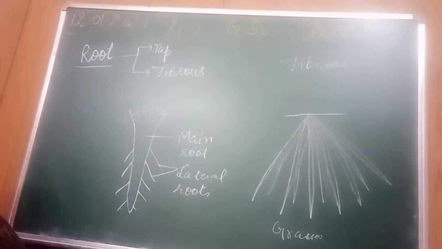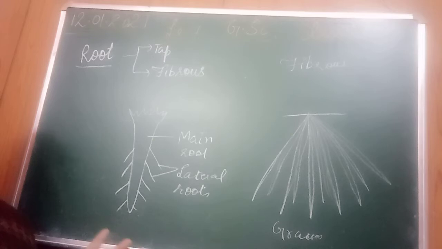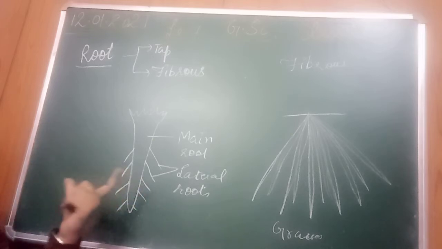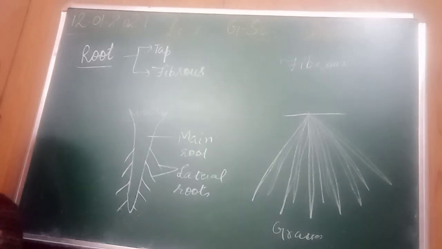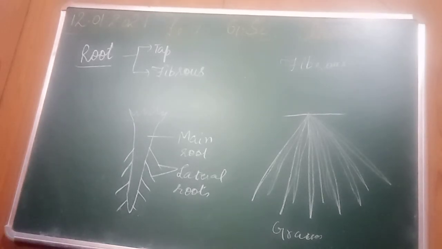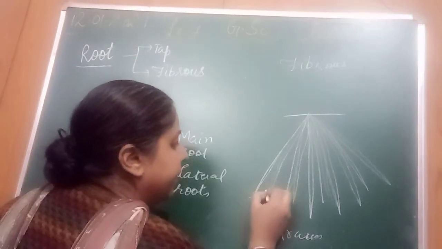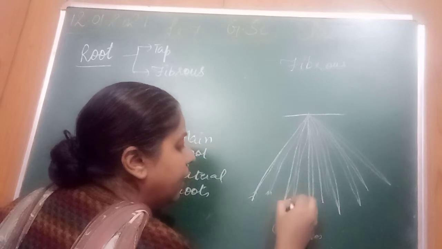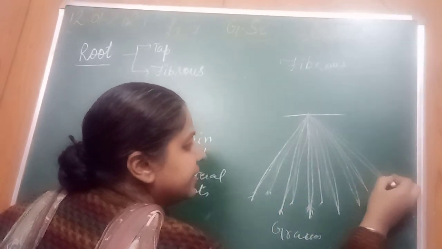Okay. Now students, in both types of roots, pay attention to what I am saying. In both types of roots, there are very small hair-like structures. What are these hair-like structures? Very small hair-like structures like this.